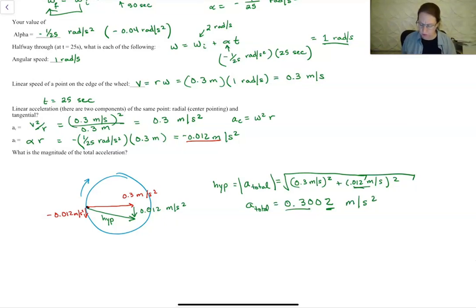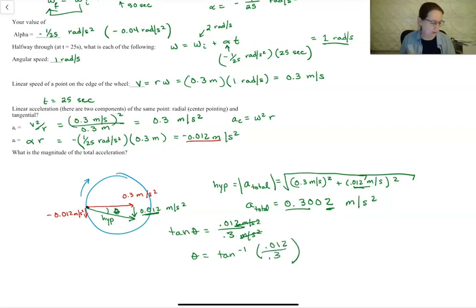And to find the angle, let's say theta here, you could say tangent of theta, and this is going to be a fairly small angle because this is really, really tiny. Tangent of theta is 0.012 meters per second squared over 0.3, so the units cancel out, which is good because we don't want to take the arc tangent of units. So theta is equal to tangent to the minus 1 of 0.012 over 0.3, so that's going to be tiny.